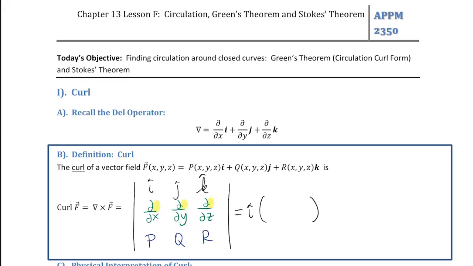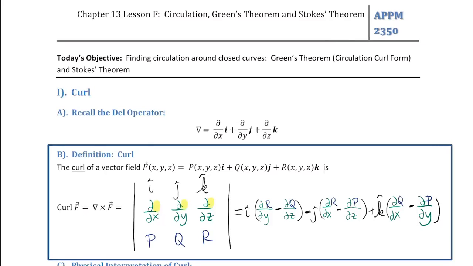So that's going to look like this. And then we can continue the same idea for finding the j and k components. So let's just fill those in briefly. Okay, and then we end up with this three-dimensional vector.